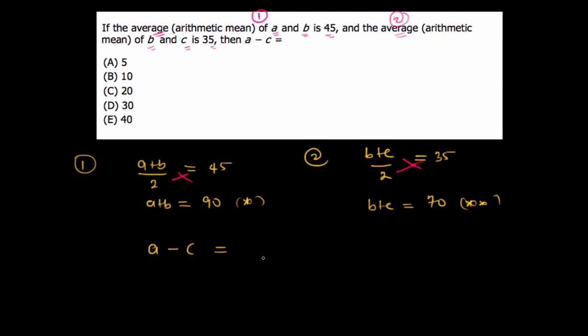Now look at what I'm going to do. You'll observe that the only difference between A negative C and the 2 equations you have here is that in this equation you have an A, but then you have a B here. Here you have a B, you also have a B here, but you have a C here.